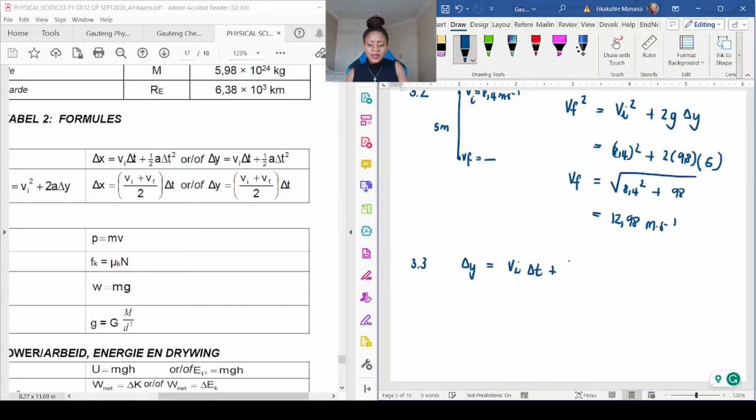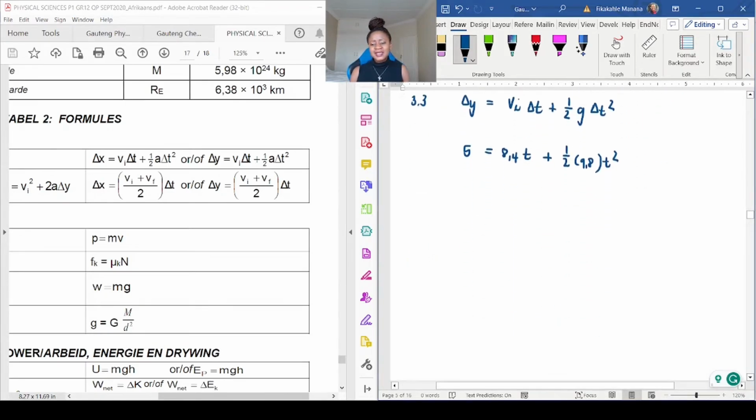The only boring thing about this is now you have a quadratic formula here. The t squared. So we have 5 over here. Initial velocity is 8,4. I'm just going to drop the delta. And then I have 0,5 times 9,8. And I have t squared. Okay.